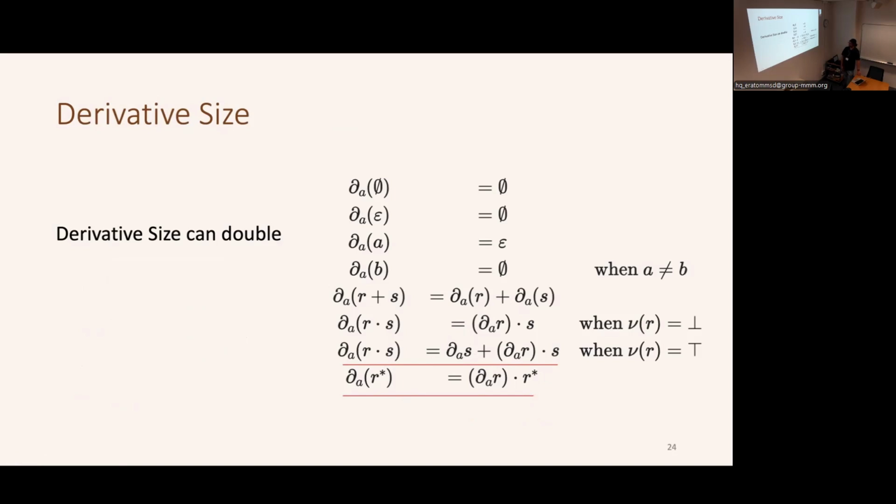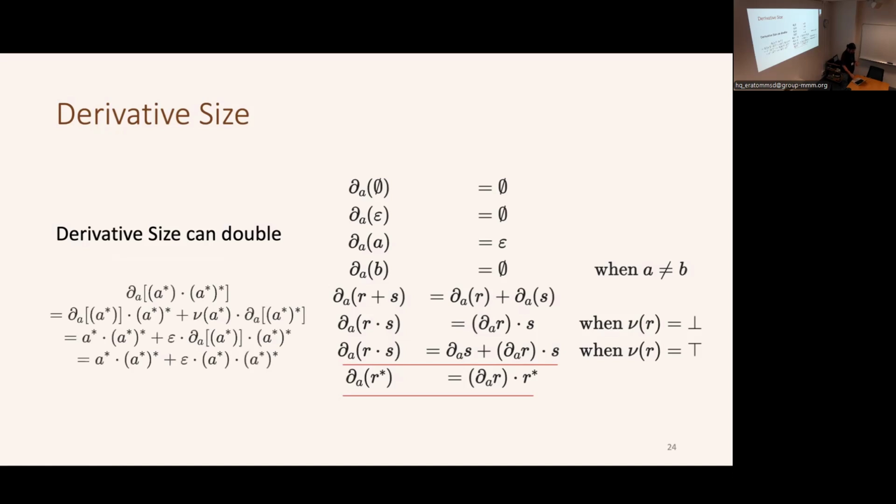And similarly for R star, this is a straightforward way to write the derivative. Basically, we have any derivative of R followed by any number of copies of words from R star itself. And here is an example which does indeed cause the derivative to physically double.